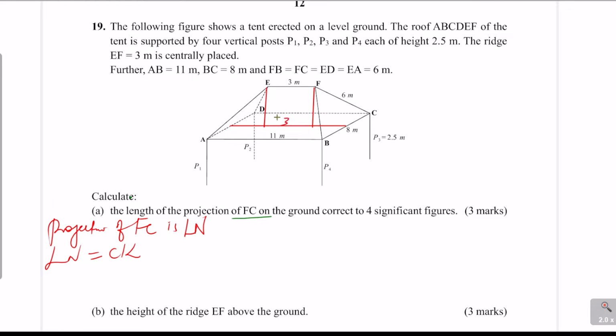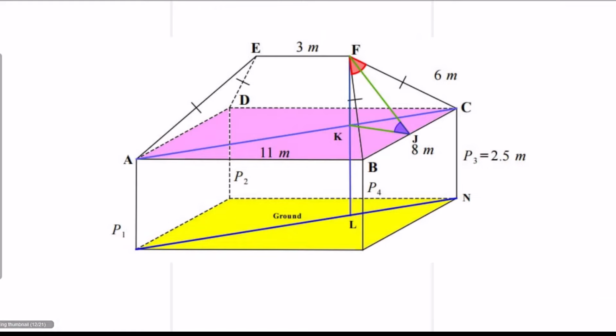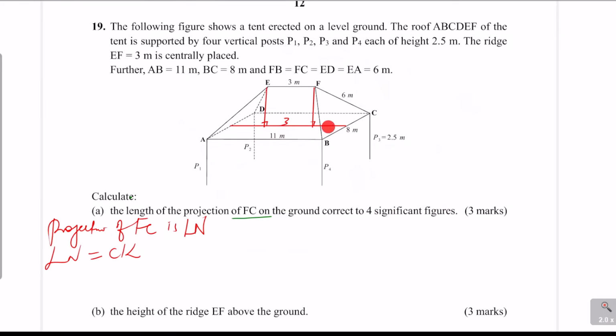This is the same as 3, and therefore these are the remaining parts here. We are going to get them by, now this distance here. There's this distance from JK. Look at this distance here, JK. That is the same distance here, and the same distance here.